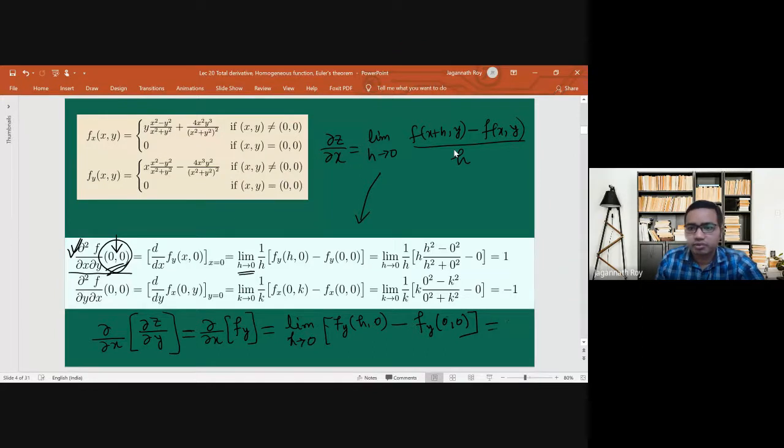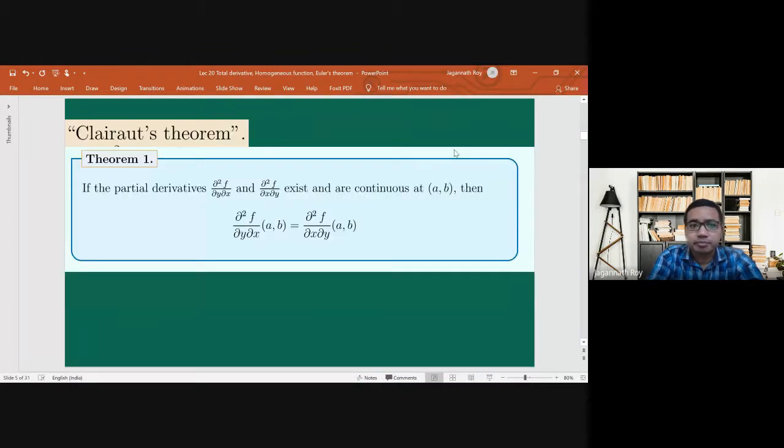This one will become 1. Similarly, the other mixed partial derivative will be -1 at this point. So both these functions, f_xy and f_yx, these mixed partial derivatives, in general, are not equal.